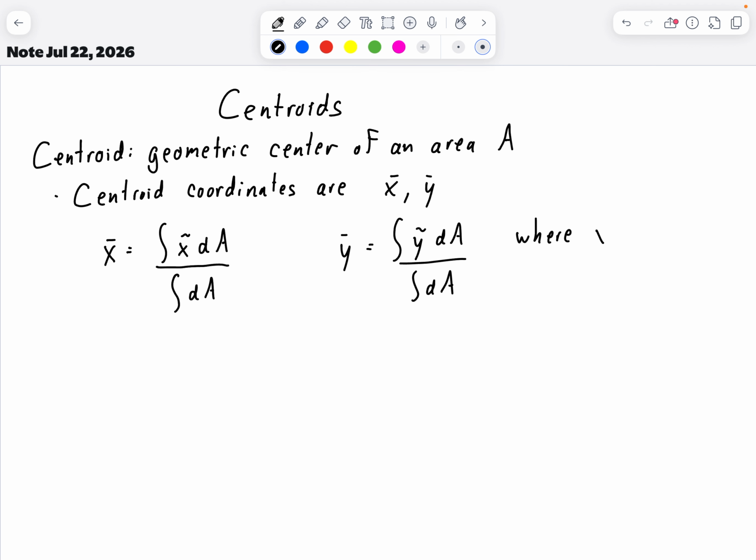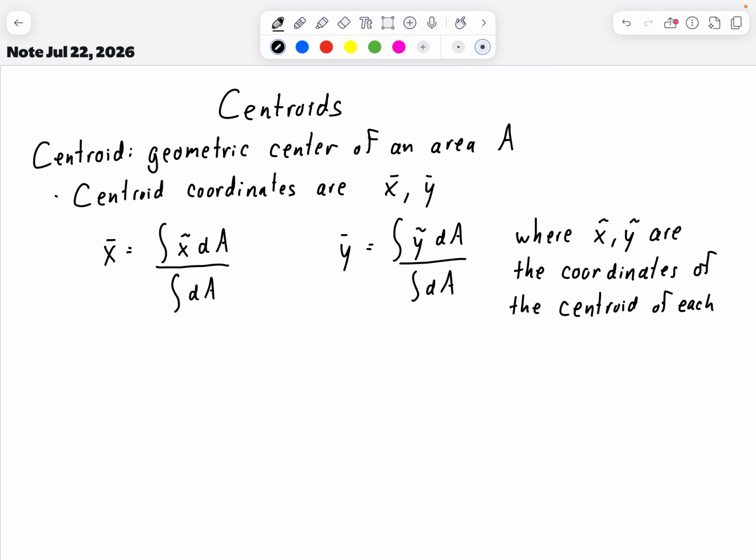where x tilde and y tilde are the coordinates of the centroid of each element.